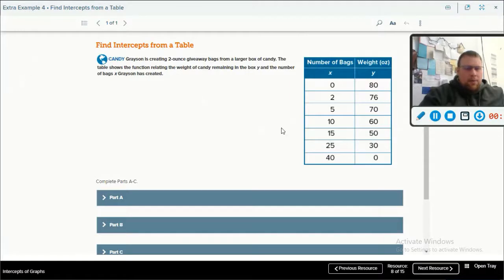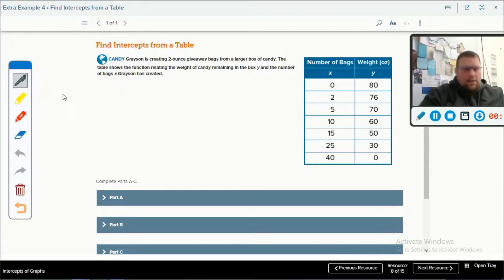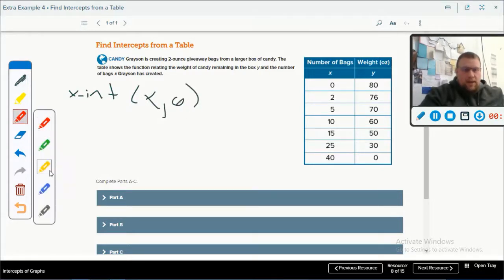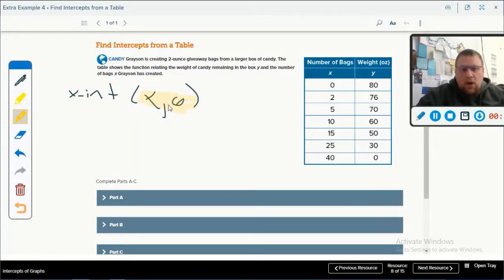Again, remember your x-intercept is always at some value of x, 0 for y. So if I'm looking at a table to find the x-intercept, I am looking where y is 0. So where's the y 0? Down here. So this is my x-intercept.